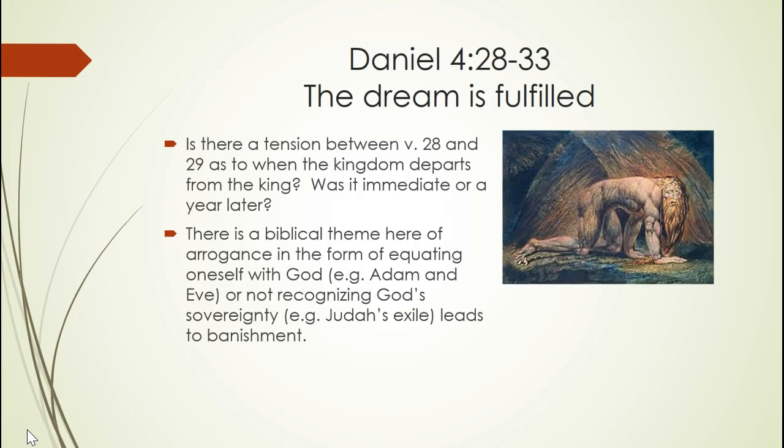And these kinds of things are punished by being sent into exile or banishment. So Adam and Eve are cast out of the garden, and Judah is sent away from the land. Many of the people are sent away from the land. So this is how God deals with arrogance, the arrogance of not recognizing that God is sovereign over all of creation.